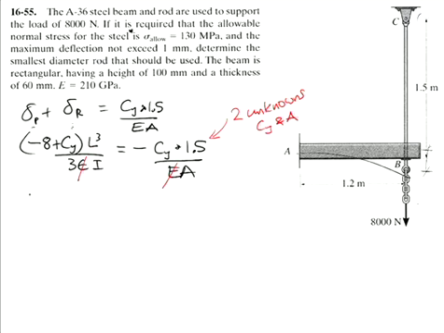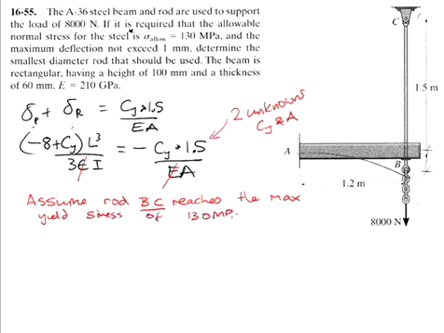And at this point here, we will assume that our rod BC reaches the maximum yield stress of 130 MPa, because we need a second equation.